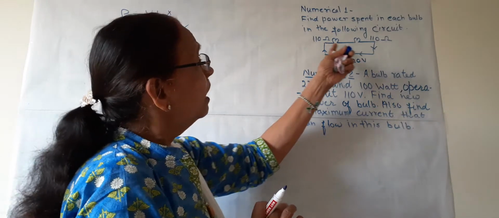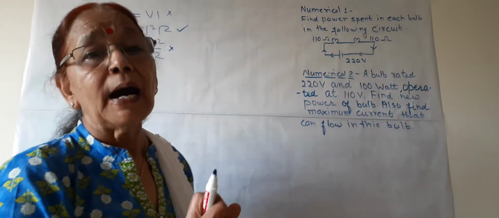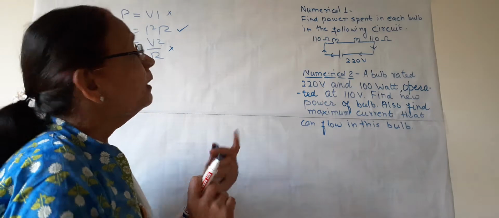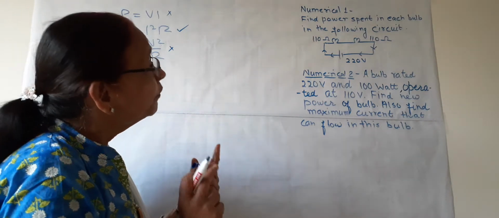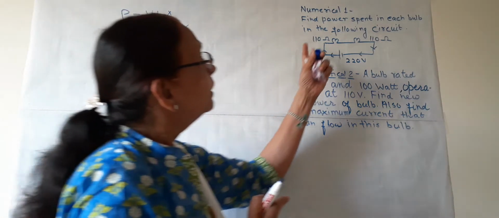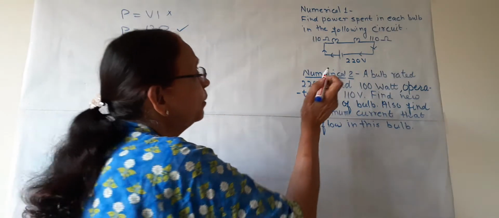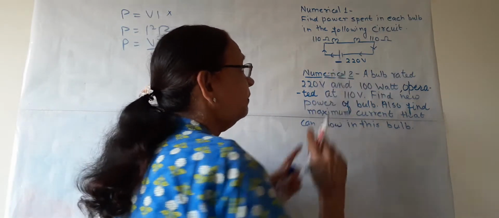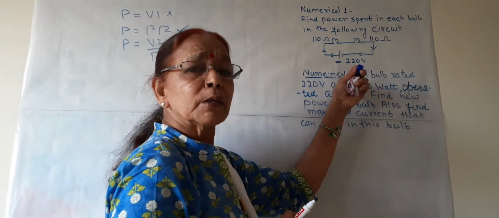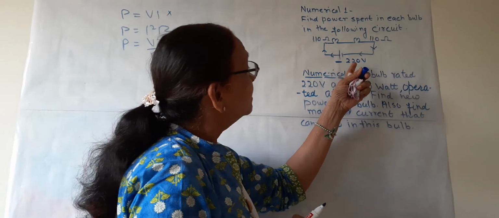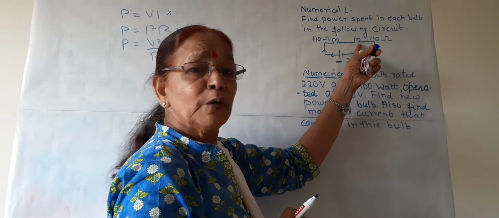So first thing, how will we calculate I? We will calculate I by Ohm's law, but before that we should know the total resistance of the circuit. I have told you this is the battery. This is like the boss of the factory. It cannot see individual workers.